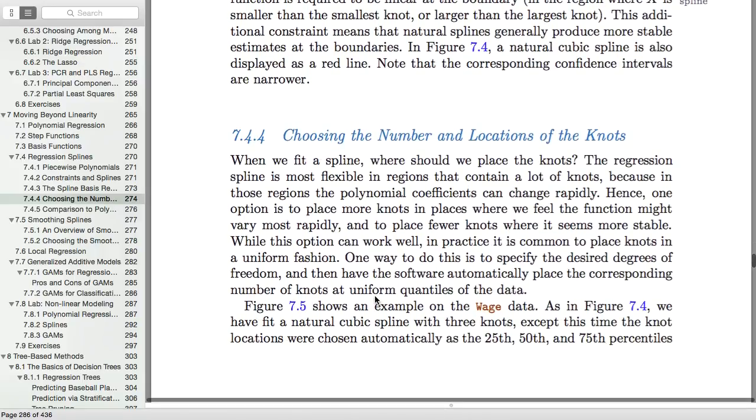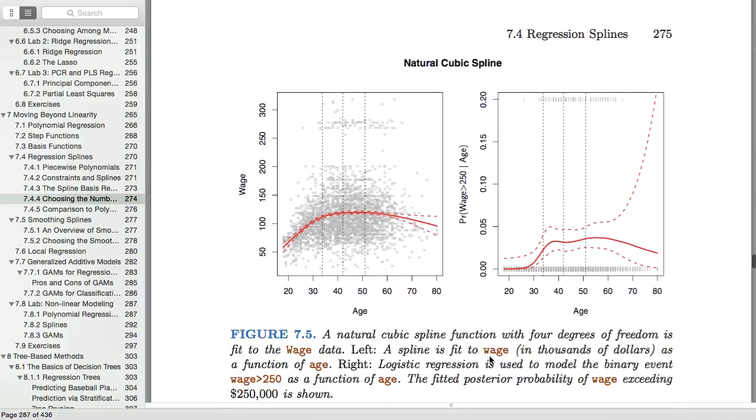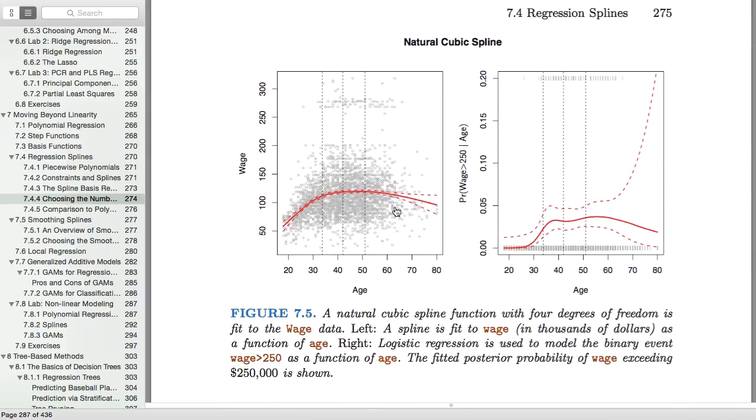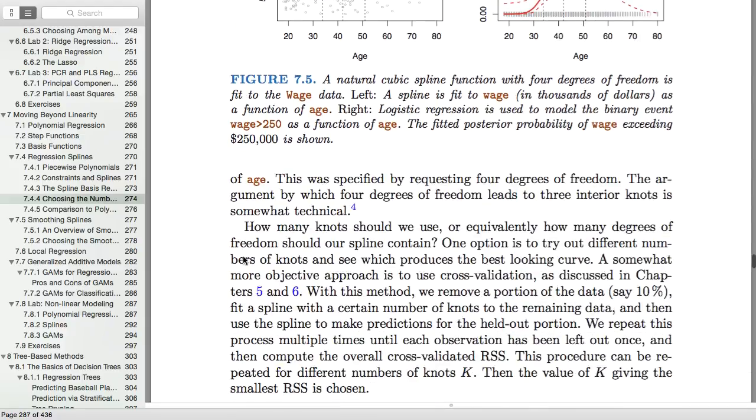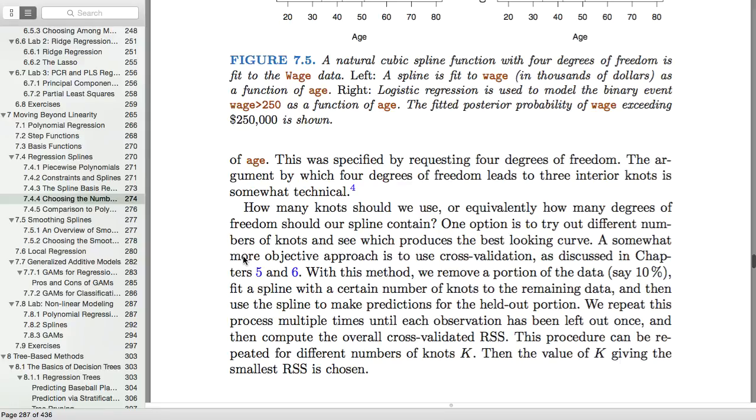Okay, so we have to choose the number of knots. This is something that R can help us with. We can let R choose the number of knots automatically. And here's a cubic spline fit to the wage data.